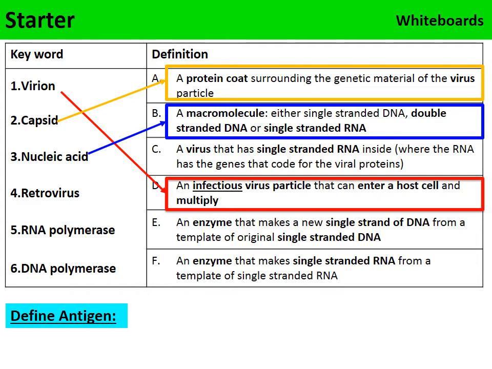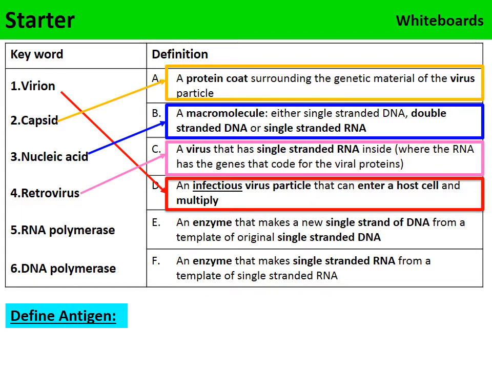It can be single-stranded DNA, it can be double-stranded DNA, for example in bacteriophage viruses that infect bacterial cells, or it can be single-stranded RNA. Now, viruses with single-stranded RNA are called retroviruses, and these include both influenza and HIV virus. So most viruses that infect animal cells and plant cells are retroviruses with single-stranded RNA inside.